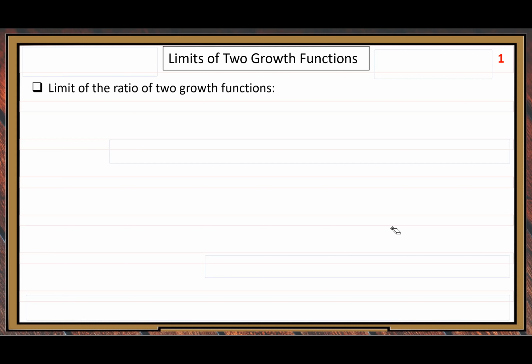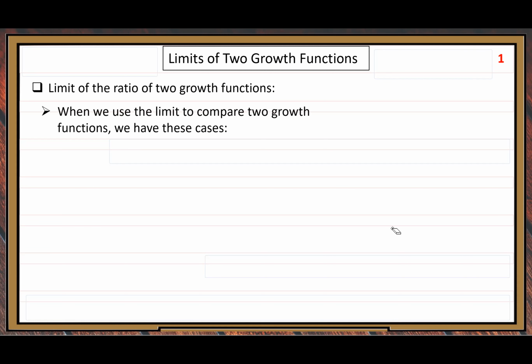All right, so when we consider limits of two growth functions, we take the ratio, right? The ratio like this, f of n over g of n. And try to find the limit when n goes to infinity.